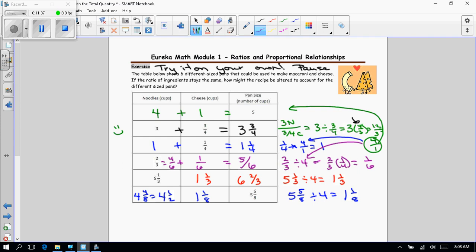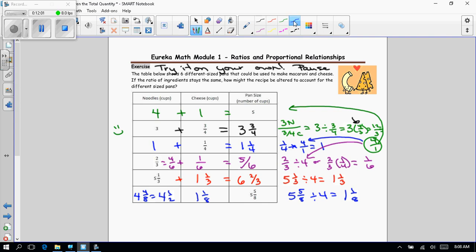All right, now the red one, a little trickier as they kept going down, right? So I'm going to take 5 1/3 and divide by 4, like we did on the problem just above it, and I get 1 1/3. So when I add 5 1/3 plus 1 1/3, I get 6 2/3. Last one, I'm going to take that 5 5/8, definitely the hardest one, and I'm going to divide it by 4.